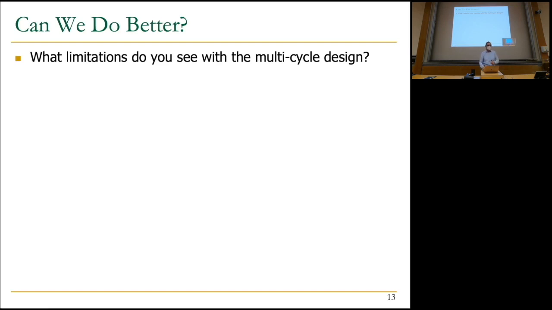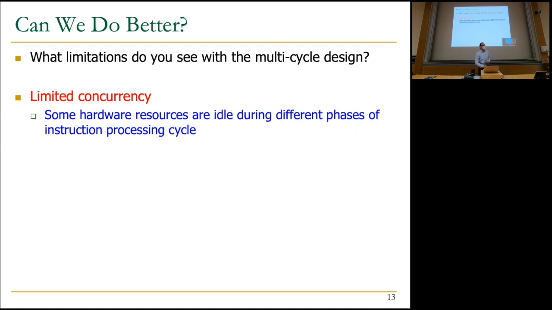So we've discussed these limitations, so I'm not going to go through this question again. And you may think about other limitations perhaps, but multi-cycle design is not perfect. One big limitation is limited concurrency, meaning you have this nice data path, but some hardware resources are idle during different phases of the instruction processing cycle. I'm going to highlight some of them.